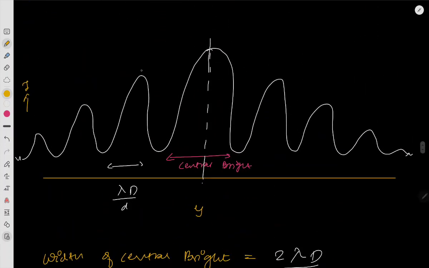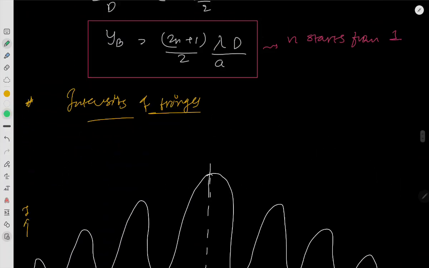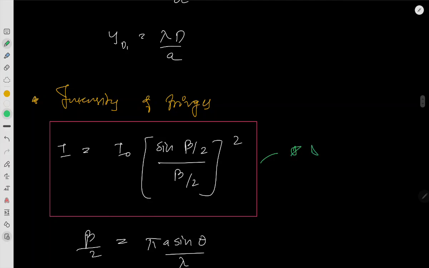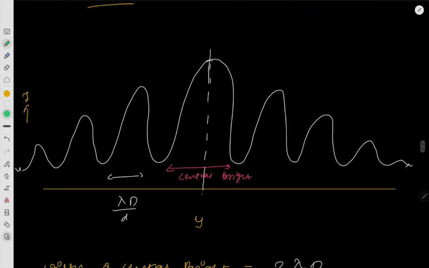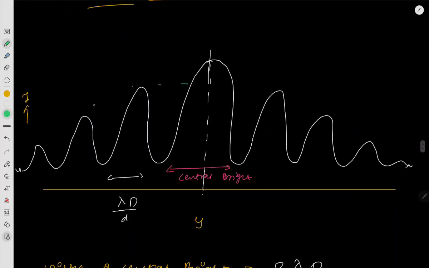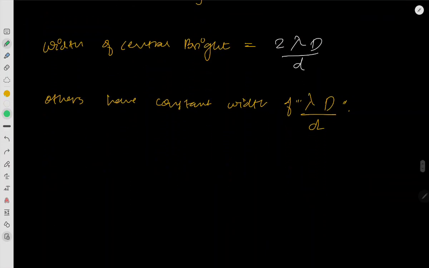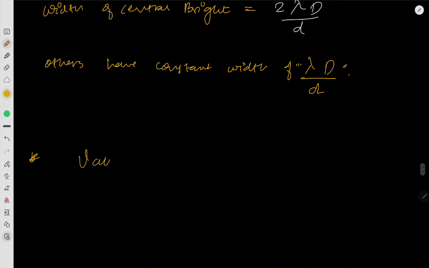And you see the intensity goes on decreasing, and this is from the formula that I just made you write. This formula is very important, and according to this, if we put the values, it goes on decreasing slowly and gradually.